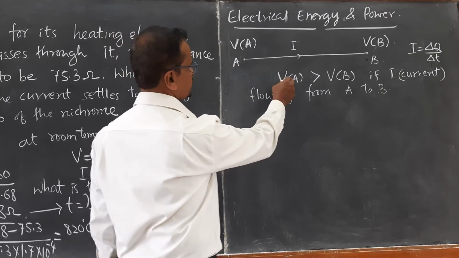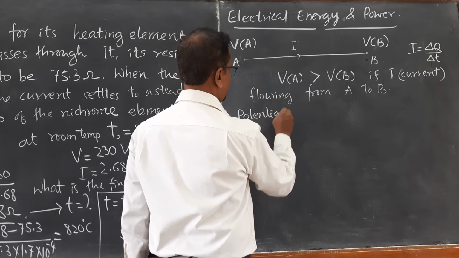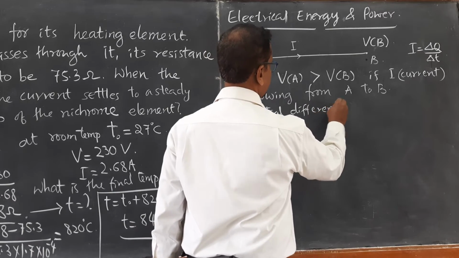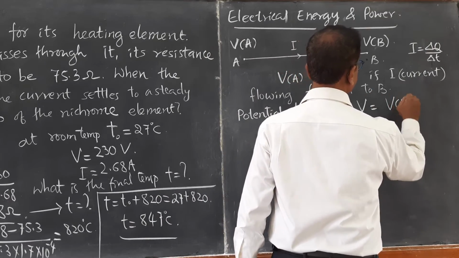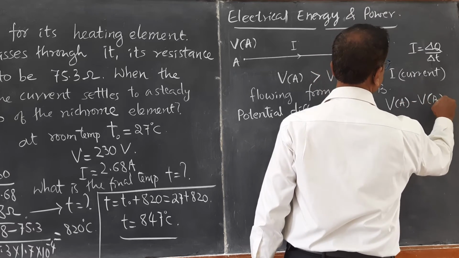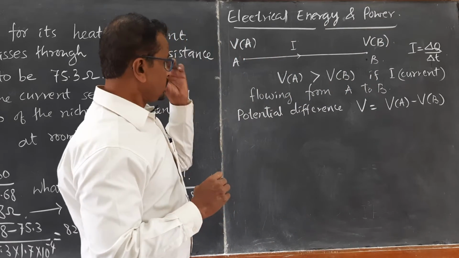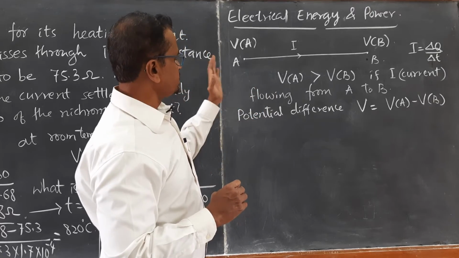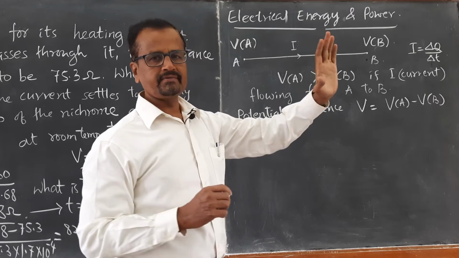So this potential difference I am writing as, let us say, V equal to VA minus VB, right? Now, when there is a potential difference, let us calculate the amount of charge that has flown in a certain amount of time delta t.